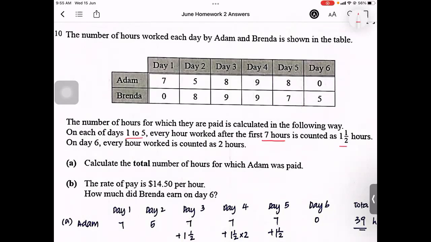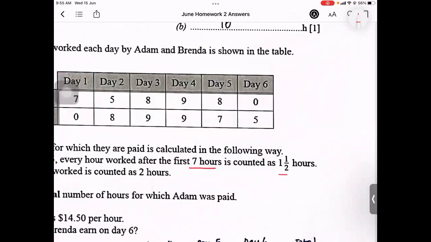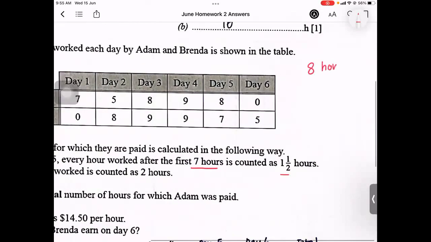What does this mean? For example, if I have 8 hours for that day, it can be split into the first 7 hours. I will get paid accordingly 1 hour, as per 1 hour how much. But my extra 1 hour, I will be paid accordingly to 1.5 hours payment. So I'll be paid a little bit extra, considered as OT, 1.5 times.